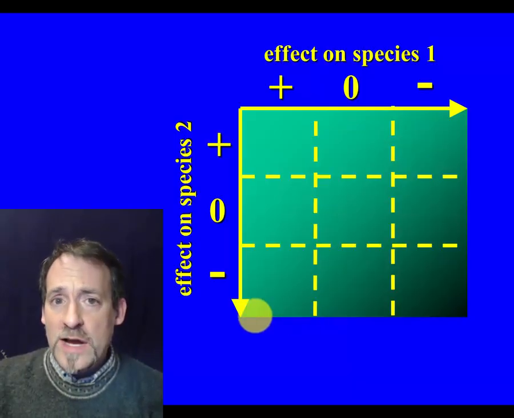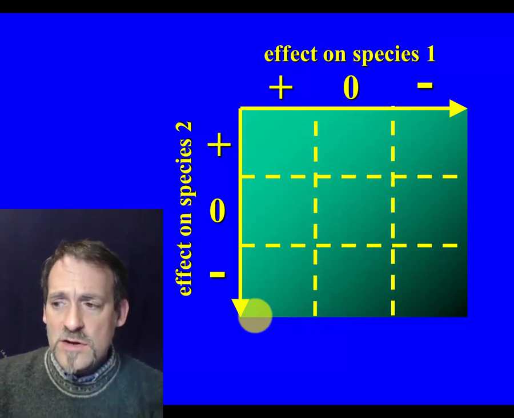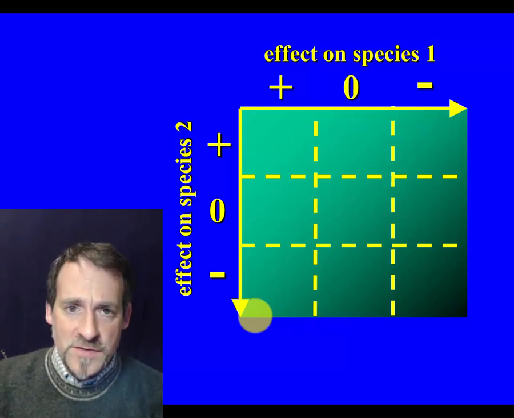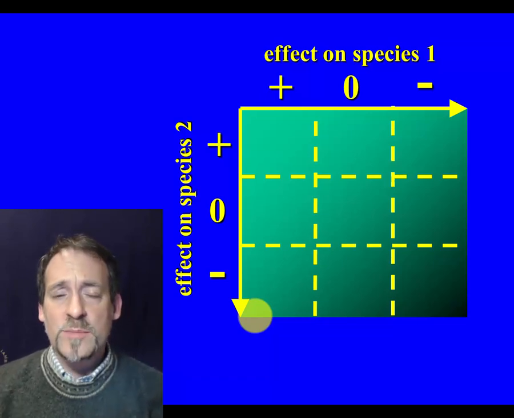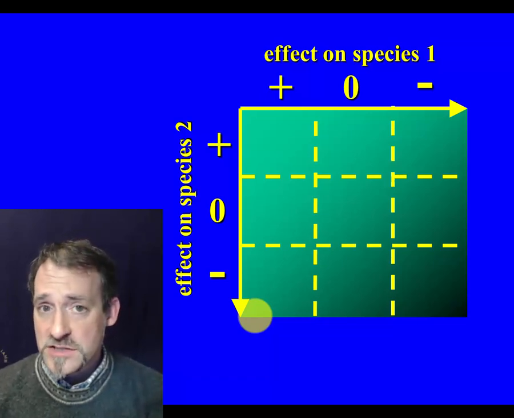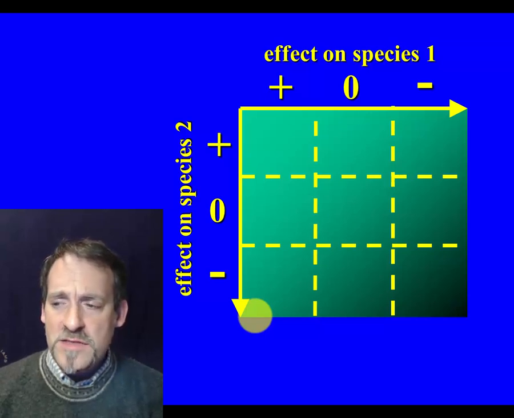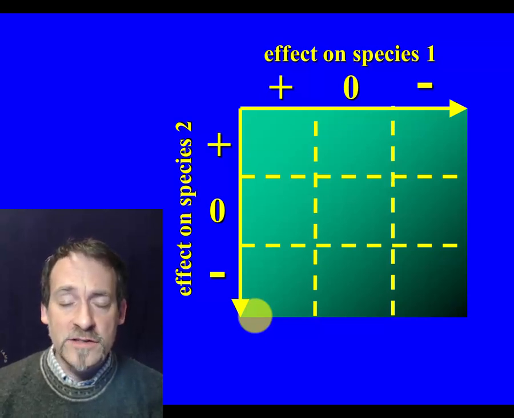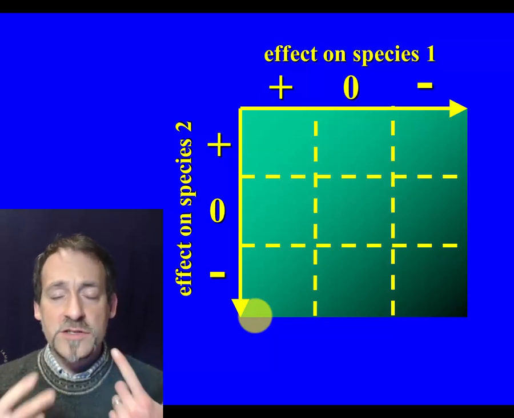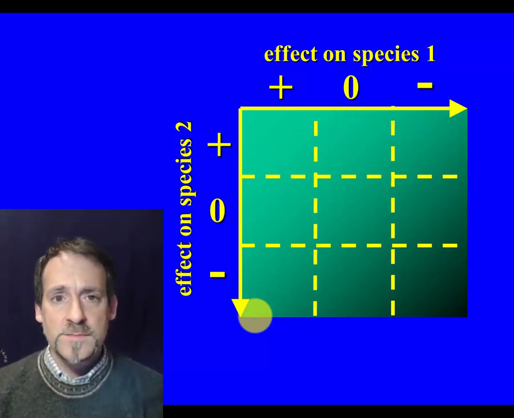When you're talking about direct interactions, there are a number of different ways of classifying them. But the way I'm going to be approaching the classification of interspecific interactions among different species is by thinking about the effect that that interaction has on the two species that are involved.